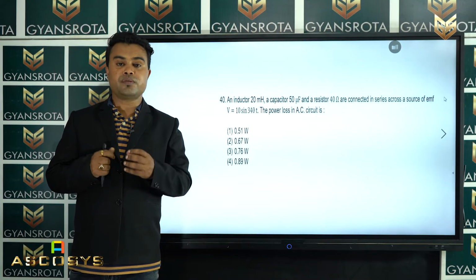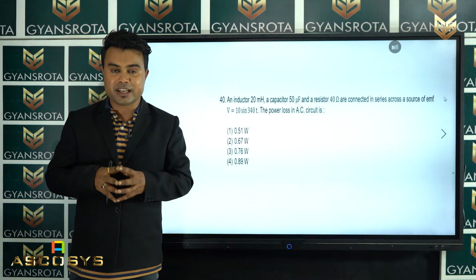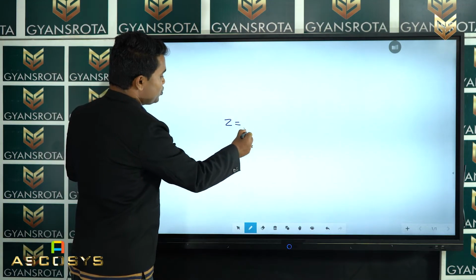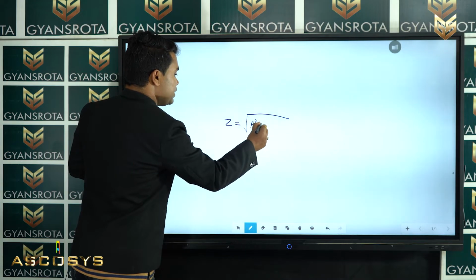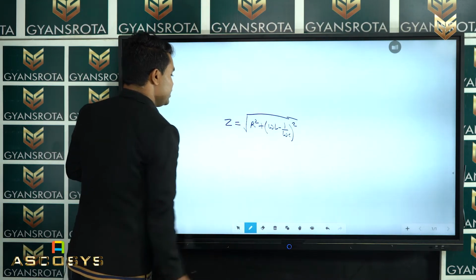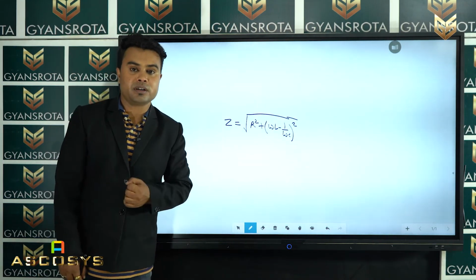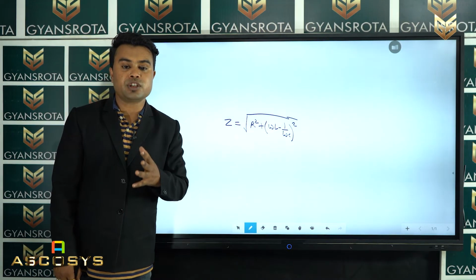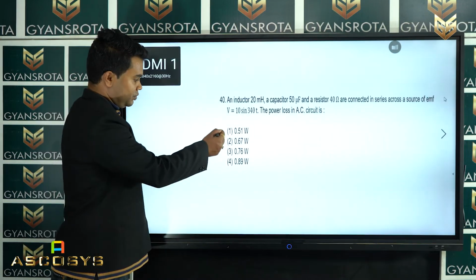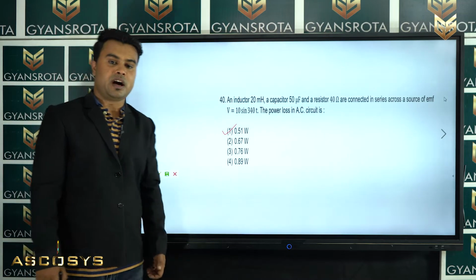The most important formula you are going to use here is the impedance formula, which says that Z is equals to root over of R square plus (omega L minus 1 by omega C) whole square. If you use this formula, then you can finally find out the power. The right answer for this one is 0.51 watt, which you have to check by yourself. This is the correct answer.